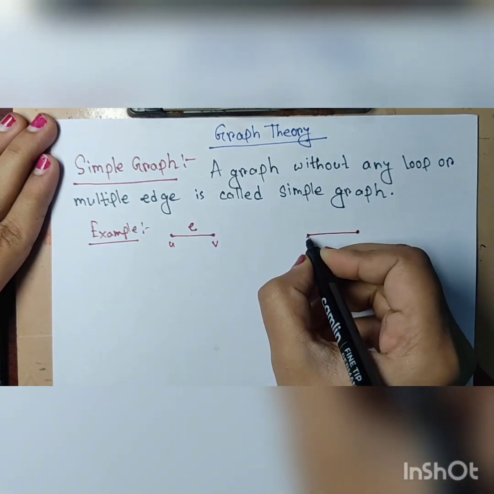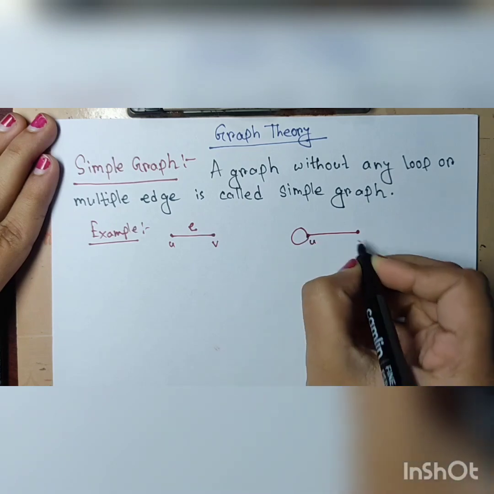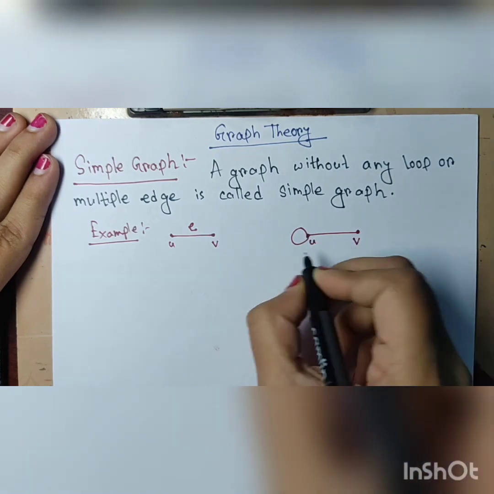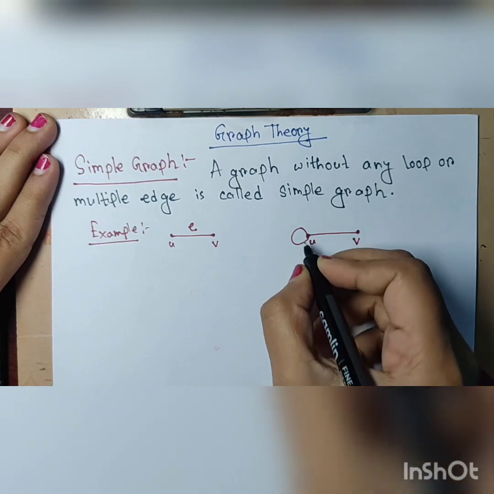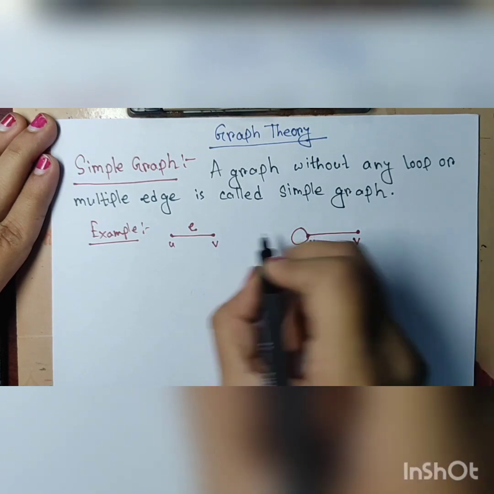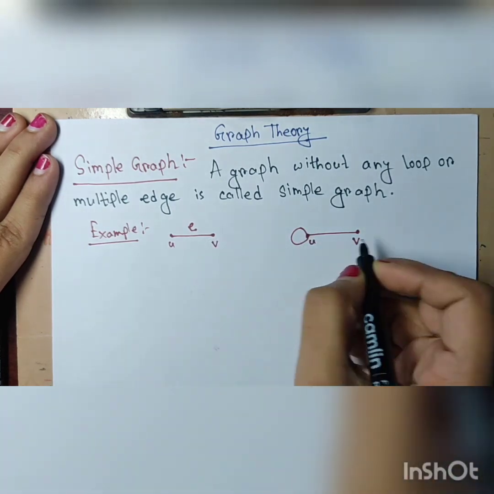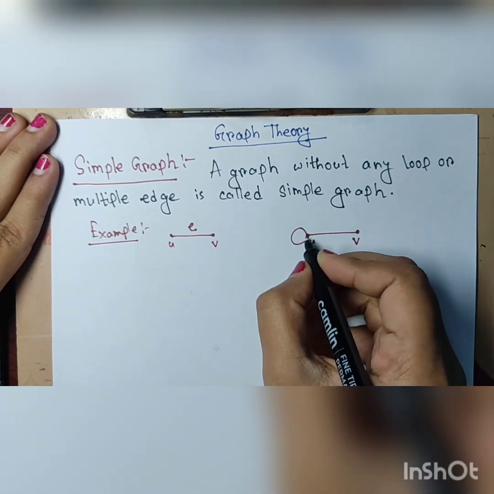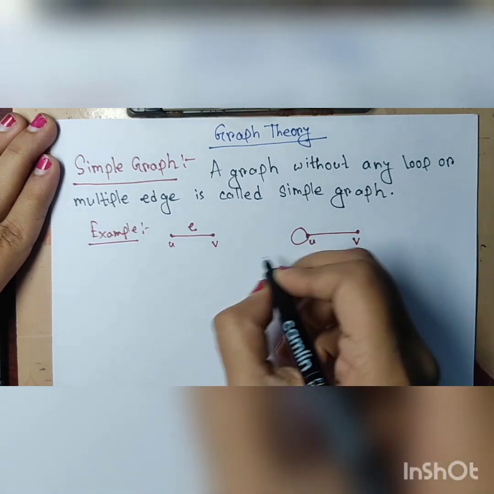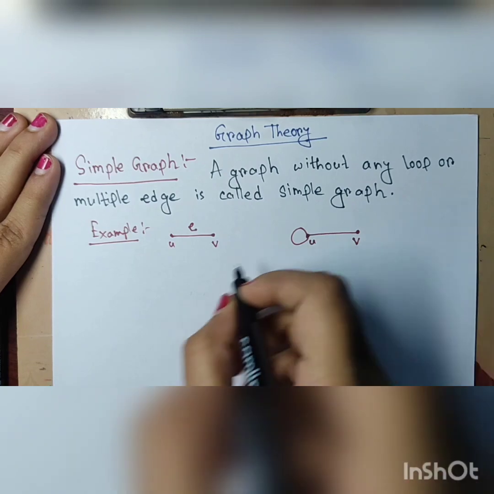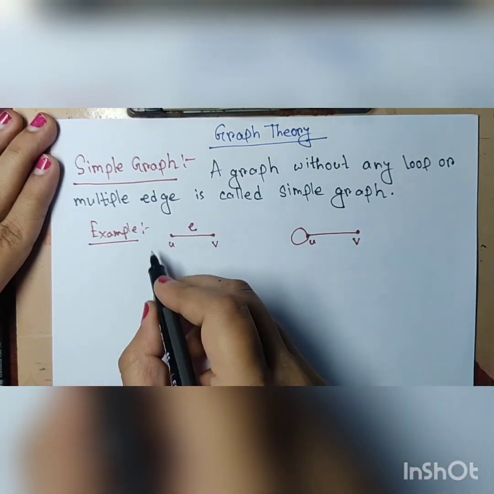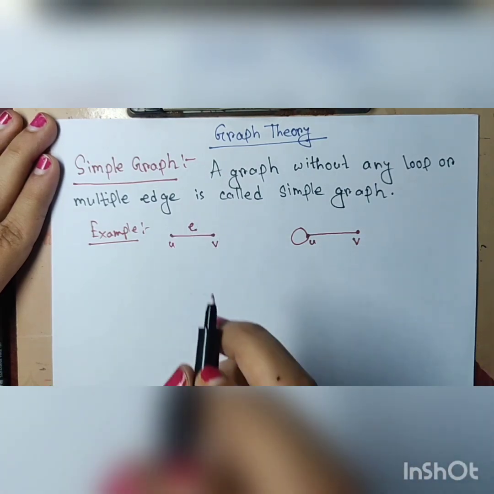It is also a graph on two vertices, but it is not a simple graph because there is a loop. So the difference between this graph and this graph is basically the presence of this loop. Since in this graph there is a loop, it is not a simple graph, and since in this graph there is no loop and no multiple edge, this is a simple graph.